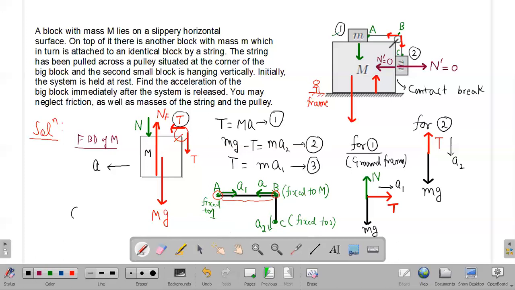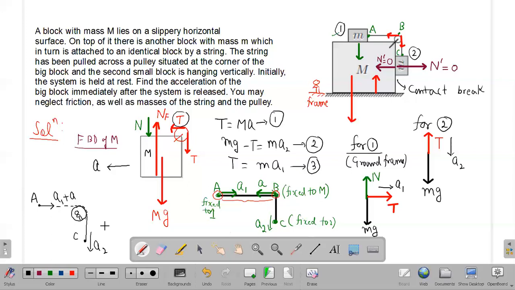here is this pulley. If I consider my observer on this pulley, then I find that point a is approaching towards this pulley with the relative acceleration of a1 plus a. And with respect to this frame, this hanging portion of string, which is attached to block c, is going downward with acceleration a2.